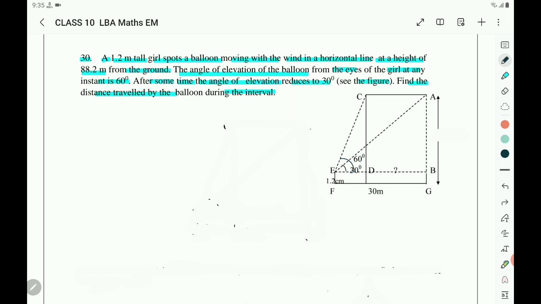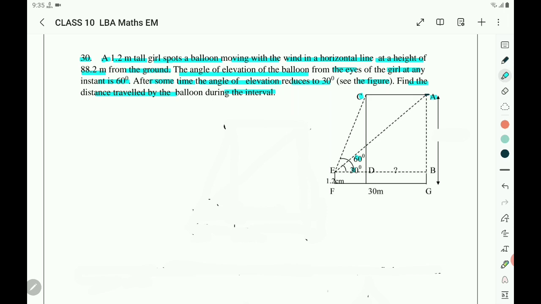When the balloon moves and reaches the point A, the angle of elevation is 30 degree, as shown in the figure.